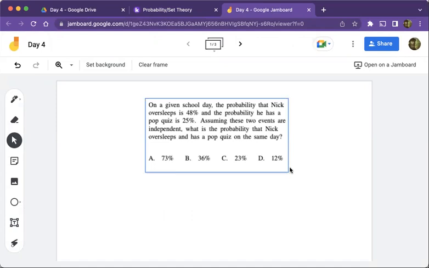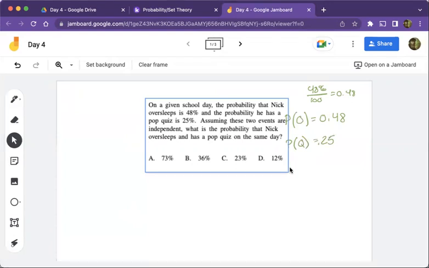So the probability that Nick oversleeps is 0.48. I like to change it into decimals. So remember, 48% divided by 100 equals 0.48. The probability that Nick will have a quiz is 25% or 0.25.